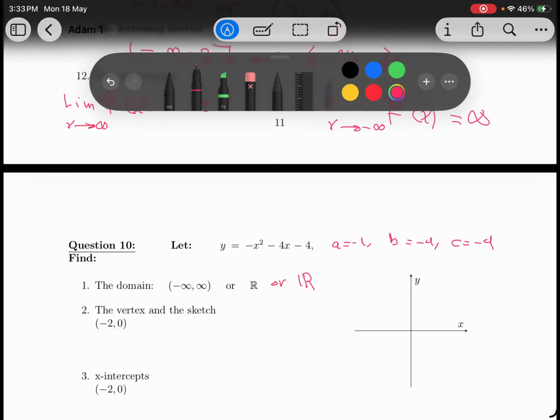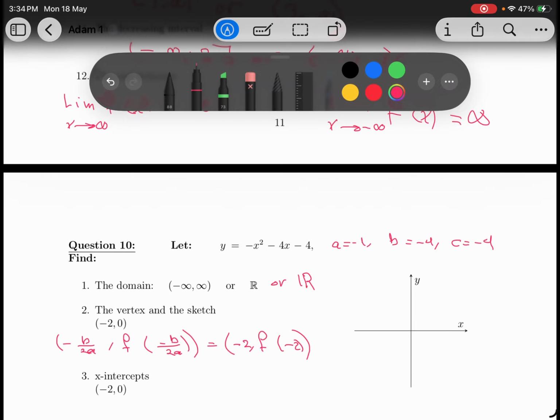And here the vertex is at x equals minus b over 2a, and then f of minus b over 2a. So b is minus 4 over 2a, so it will be minus 2, and f of what? F of minus 2.